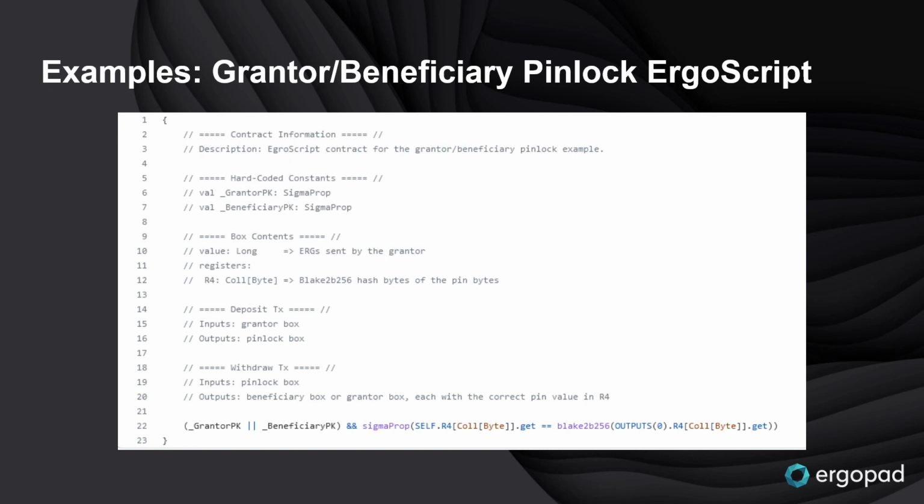In the sigma prop function, we have the condition that the register of the current box, the Pinlock box, must be equal to the output register as a hash.